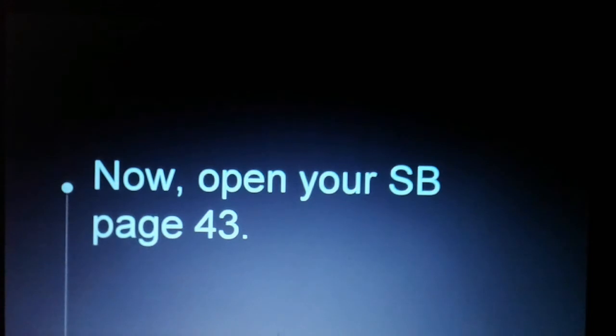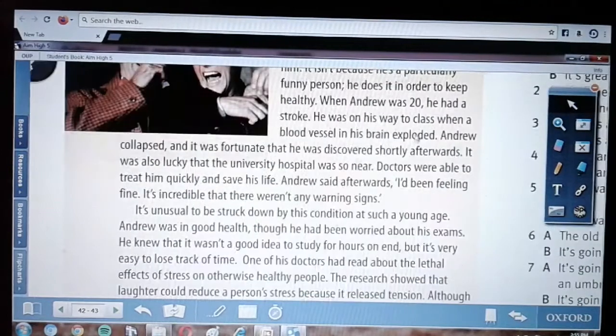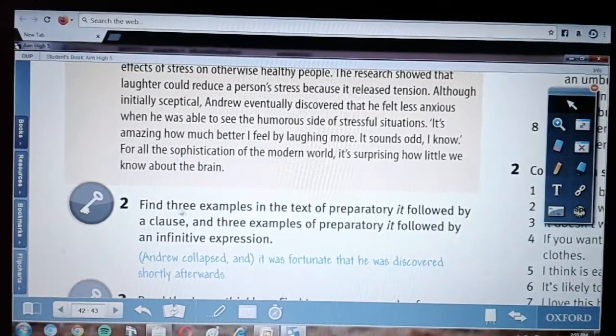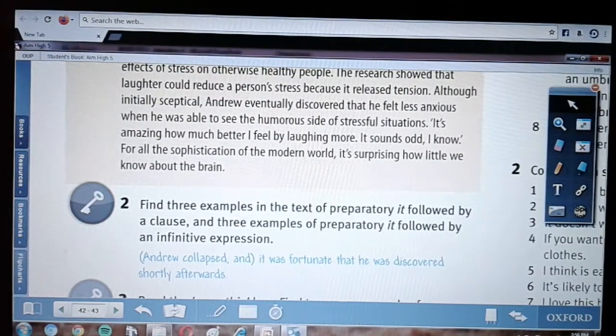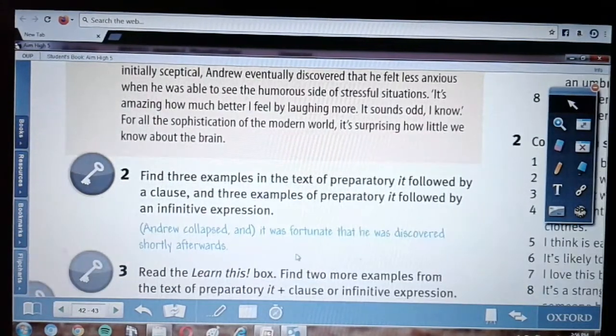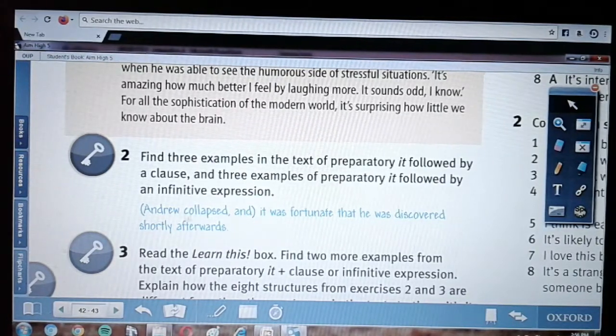Alright, now please open your student book, page 43. Open page 43, and the first thing you have to do is to read this text. After that, you need to do the second part, in which you have to find 3 examples in the text of preparatory it followed by a clause and 3 examples of preparatory it followed by an infinitive expression. So, this book has presented you one of those examples: Andrew collapsed.